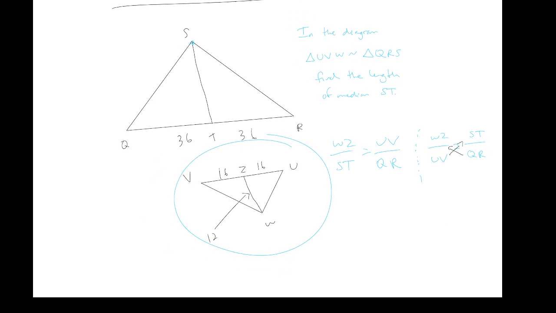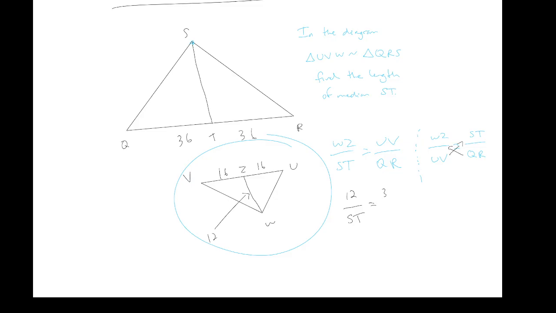At this point, I'm just going to be plugging and playing here so I can find ST. So I have WZ, and I need to solve for ST. ST over UV, where is UV?